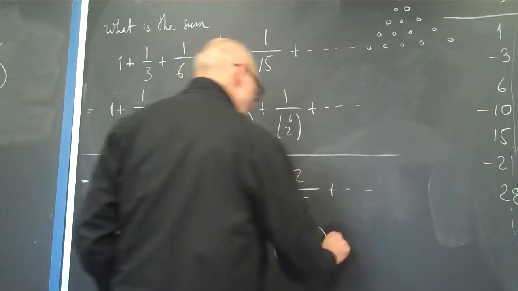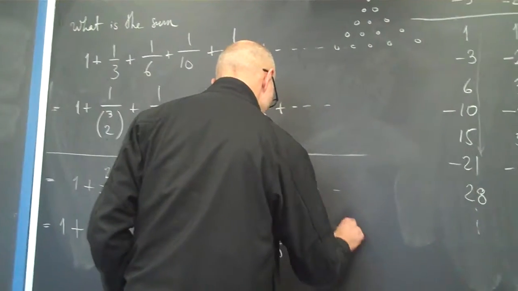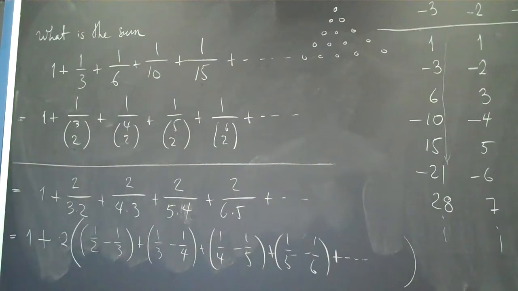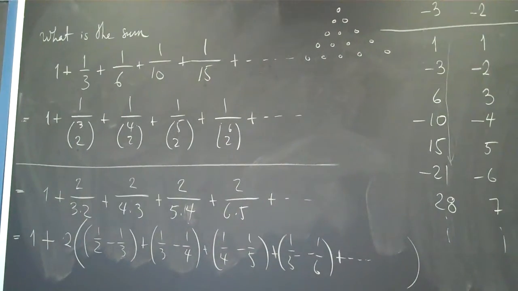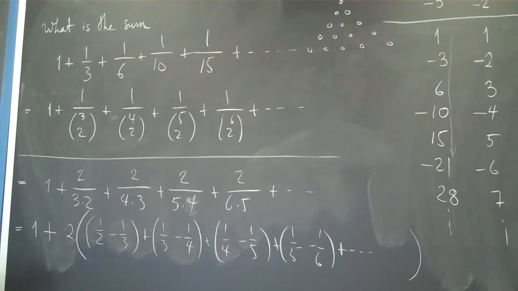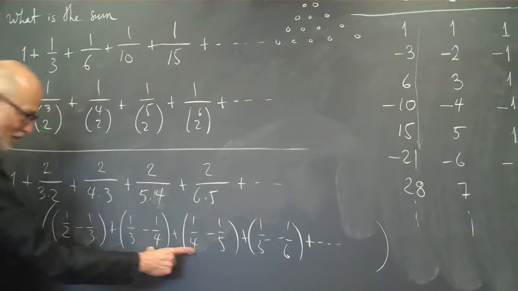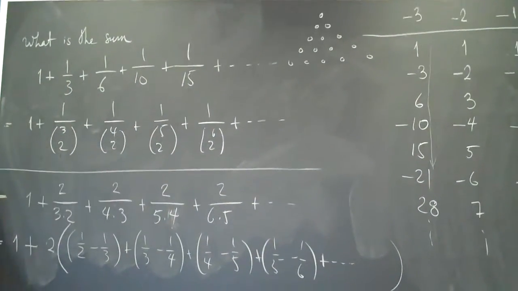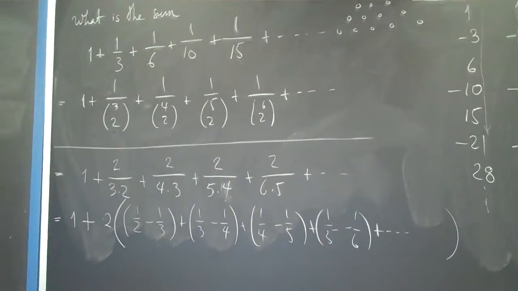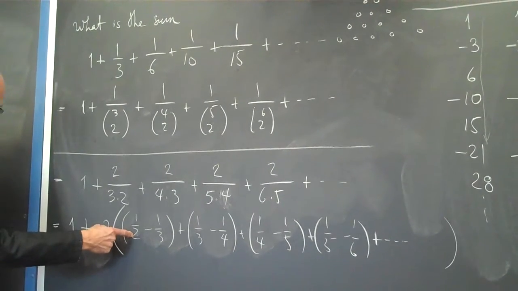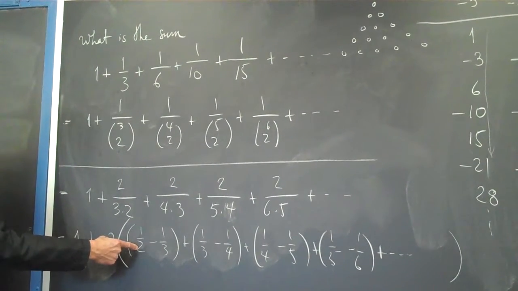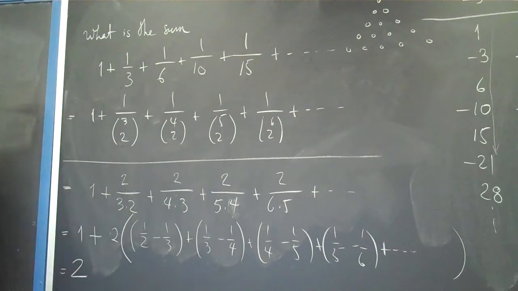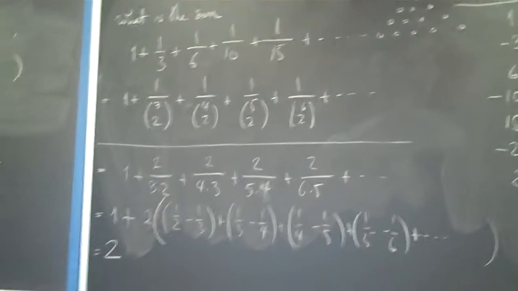And so on, right? And this is exactly a beautiful situation, because these cancel, these cancel, and in fact, they all cancel each other, except for the 1/2 in the front, which times 2 gives me 1, plus 1, tells me that this is exactly equal to 2.